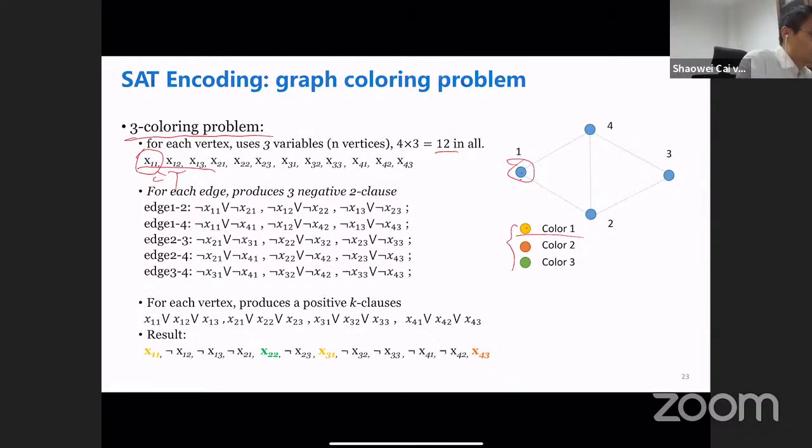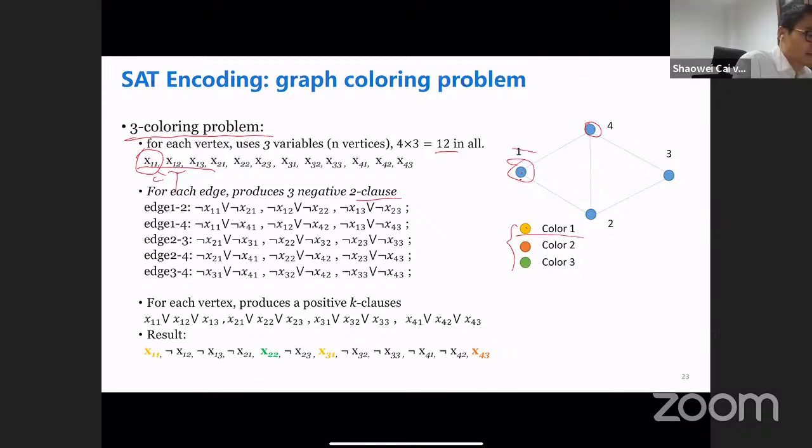And then we produce some clauses to say that the coloring is proper. The clauses are produced to make sure that if two nodes are adjacent, then they cannot share the same color.